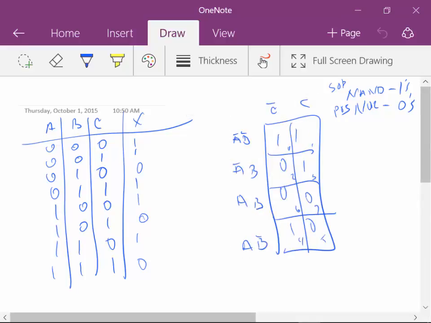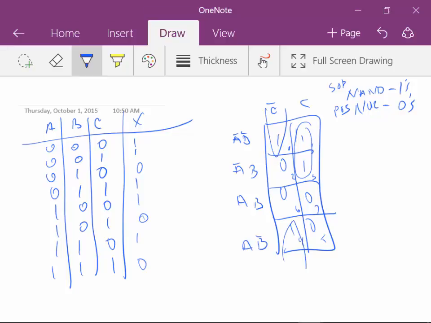So let's start off here, and let's just read out the 1s. If we read out the 1s, we have a pair of 1s here and a pair of 1s here. We have two terms in this particular one. We don't need to read this one here because both the 1s are taken care of.